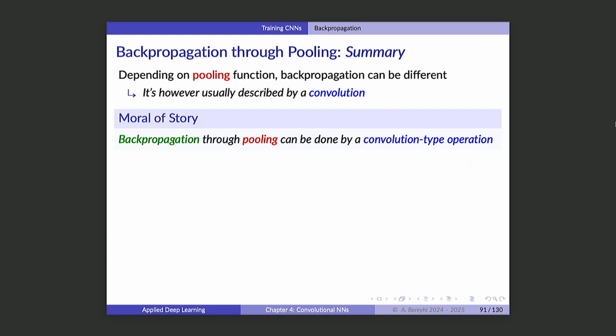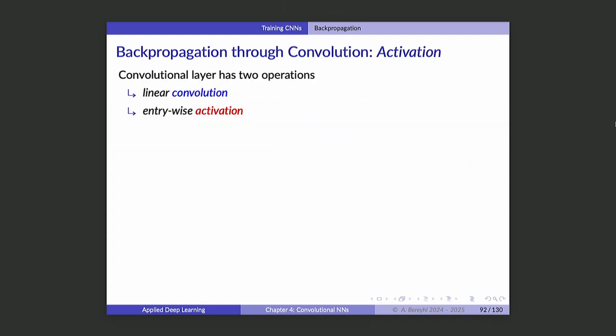Questions? Everybody's clear? No question? I hope we're going to do some examples of this after, but I'm going to get into the convolution first. So, moral of the story, backpropagation through pooling is in convolutional form.